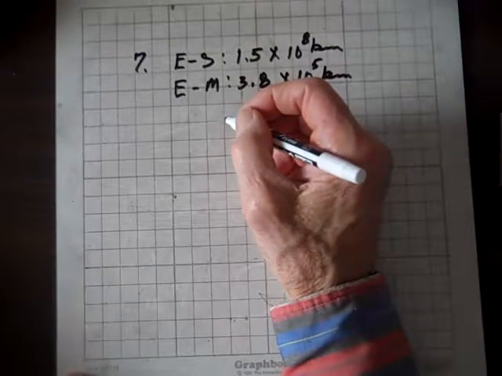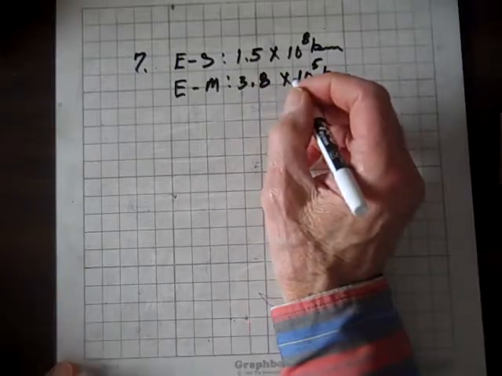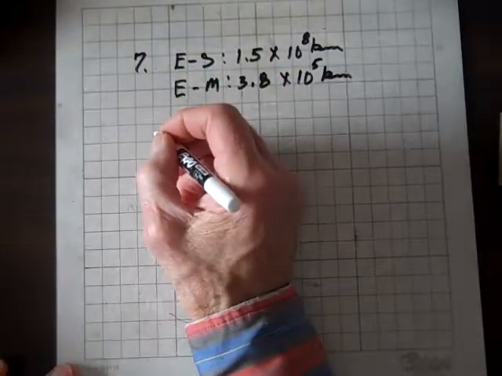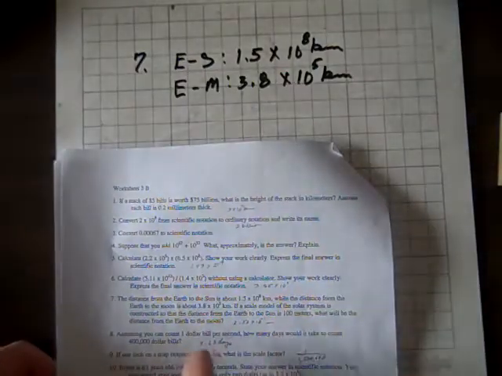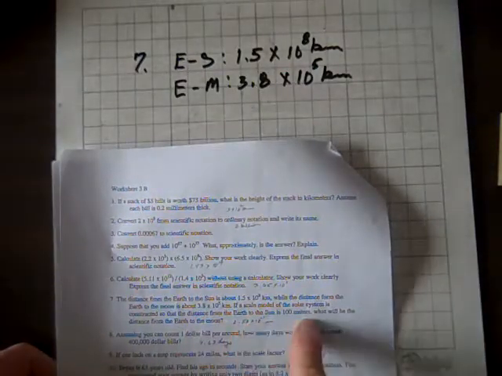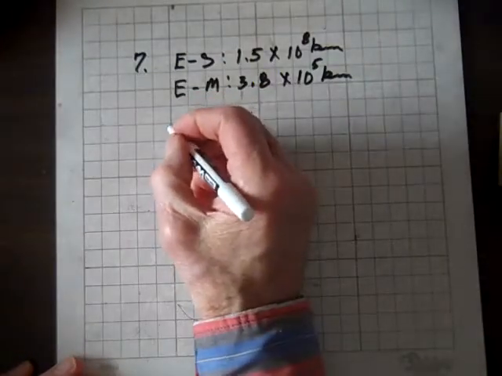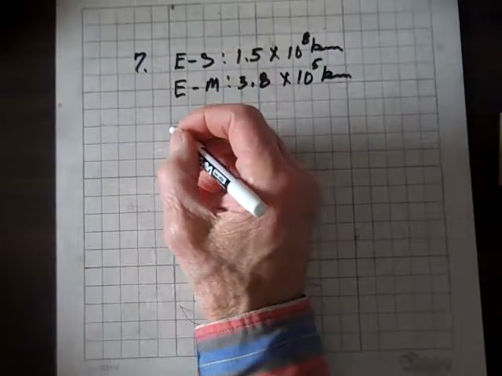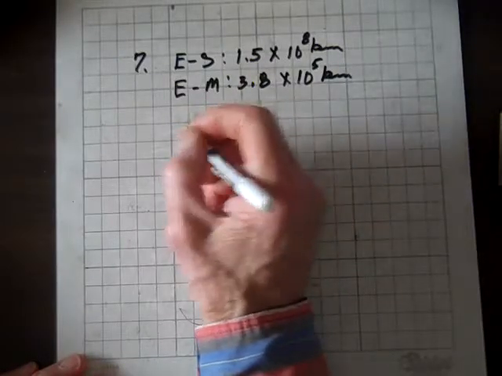And we need to find out, now, on a scale model, the distance from the Earth to the Sun is 100 meters. Let's double check that. Earth to Sun, 100 meters, yeah. So I'm going to set up a ratio, because they want to know what the distance from the Earth to the Moon will be on this scale model.